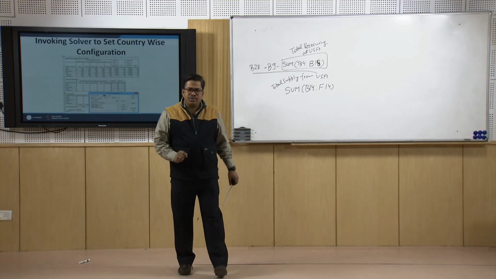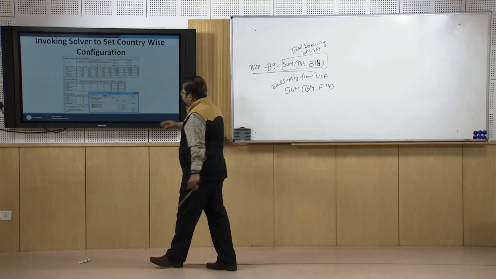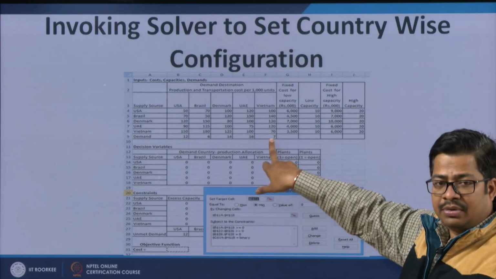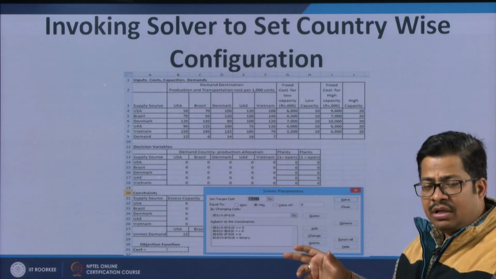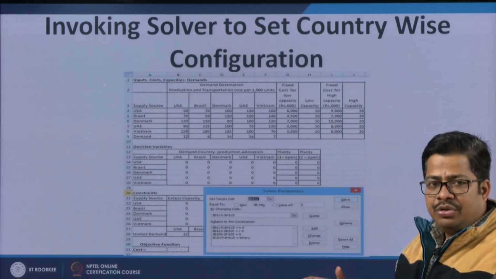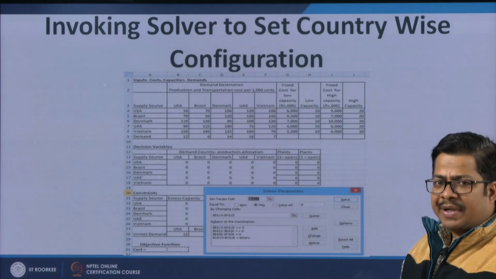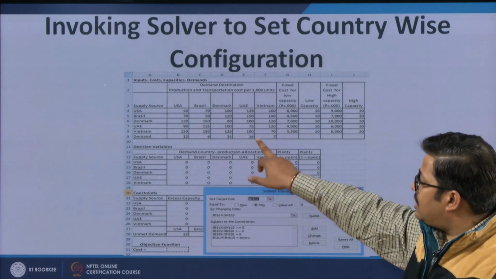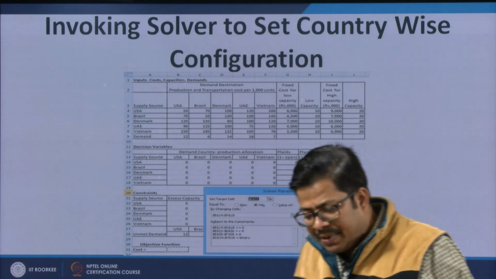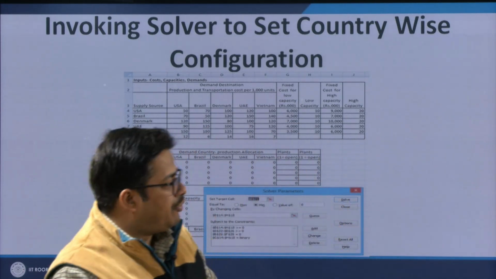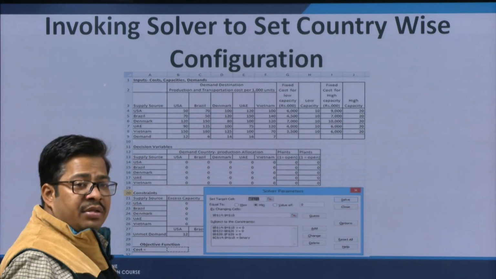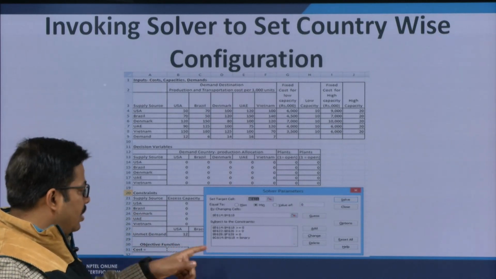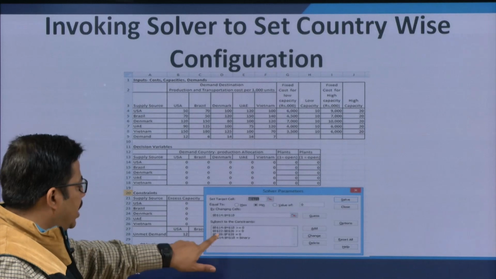Now case number 2, you try that the demand at Vietnam need not be fulfilled 100%. You can have 80% of the demand of Vietnam fulfilled, and in the same case UAE only 80% of the demand needs to be fulfilled. So you see that you need to apply 2 additional constraints from B28 to F28.